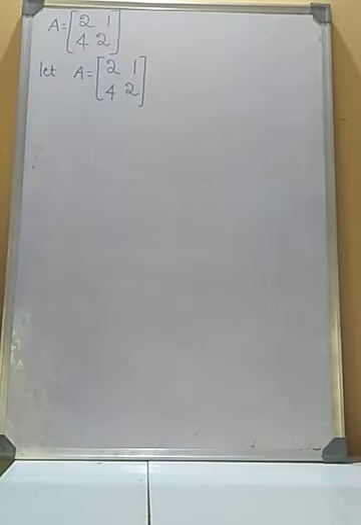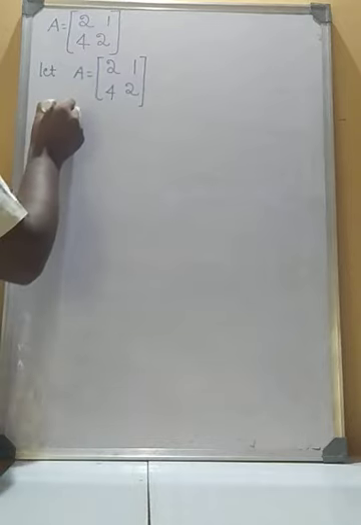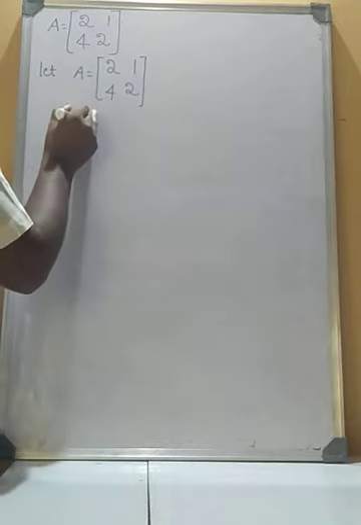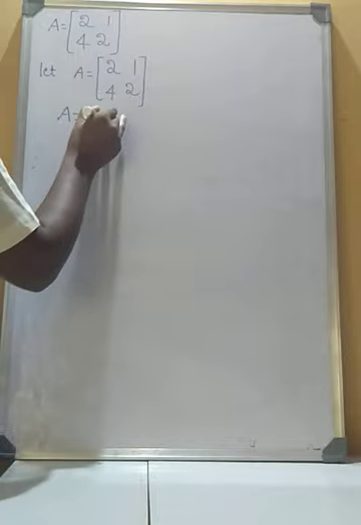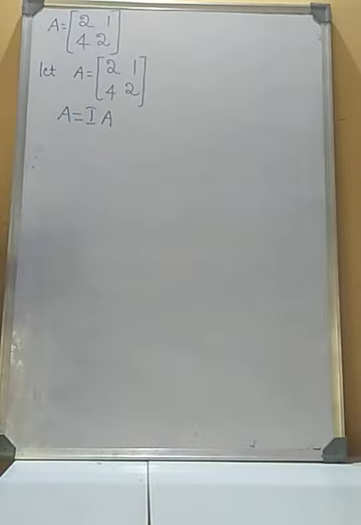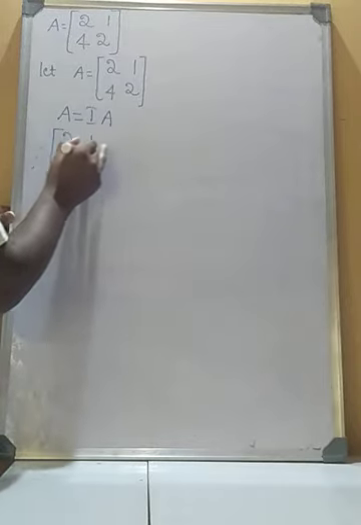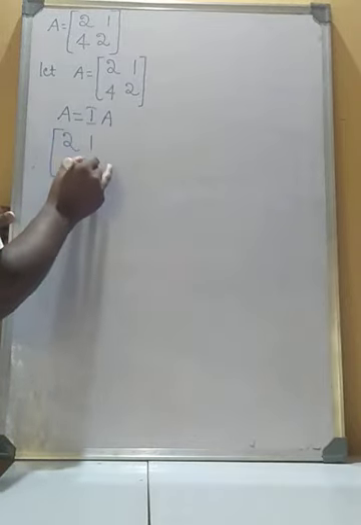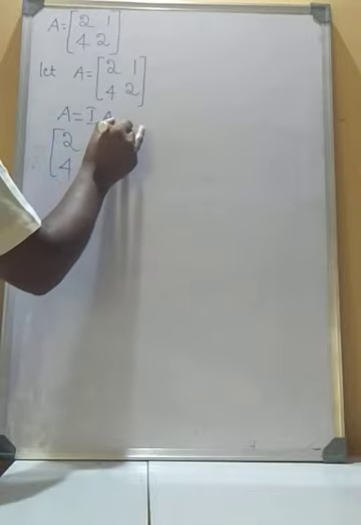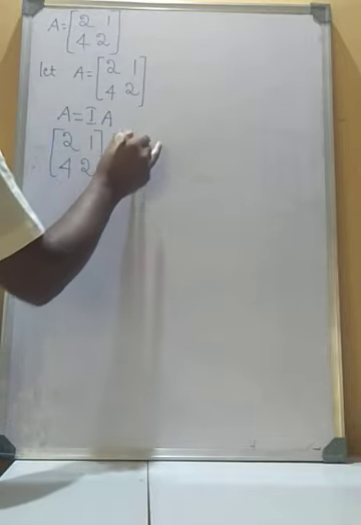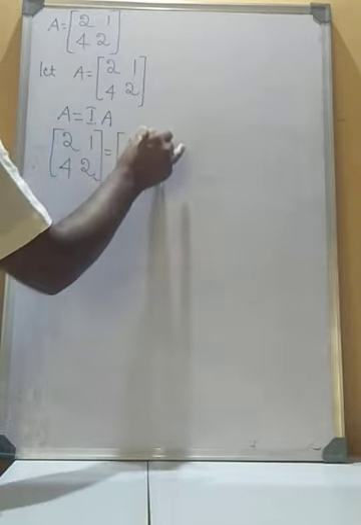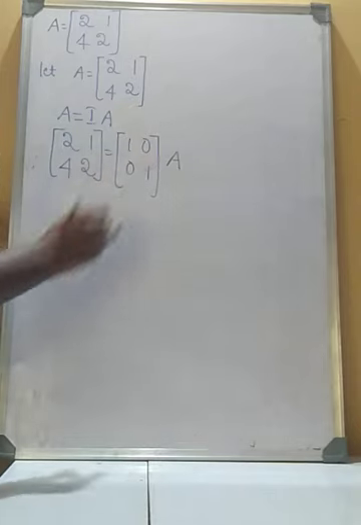By using row operation, the given matrix can be written as A is equal to I A. Therefore, what is A? Matrix elements 2 1 4 2 equals identity matrix 1 0 0 1 into A.